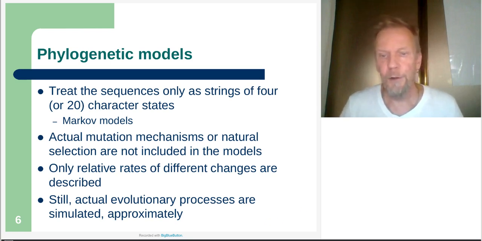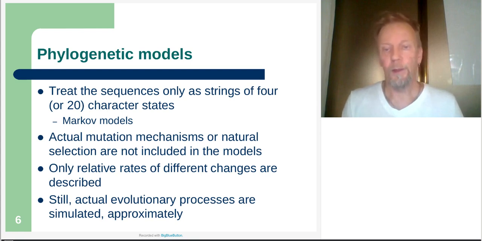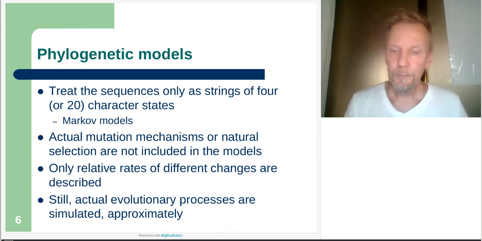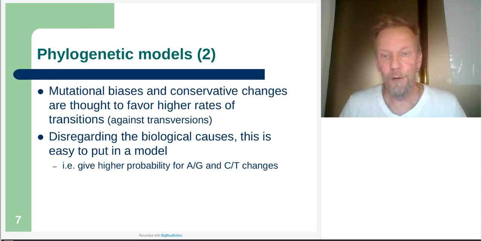But still, with all these limitations, our tree algorithms can find phylogenetic trees, phylogenies, which seem to be consistent with everything else we know about evolution and speciation. So it seems the algorithms work quite well, so that we have the features we need represented by a handful of parameters there.